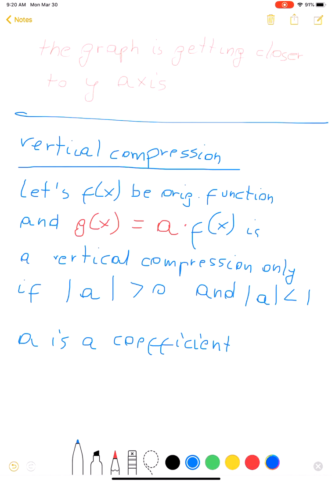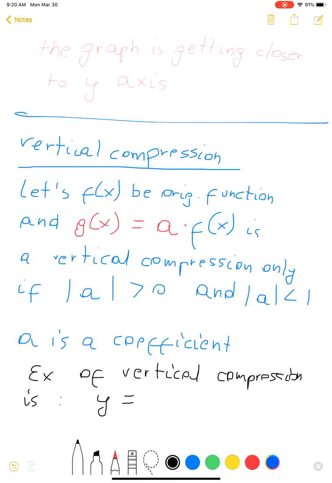Okay, and for example, an example of vertical compression is y equal 1/2 x squared.